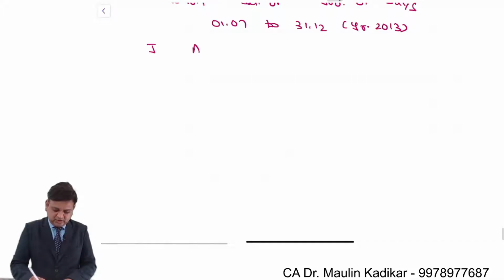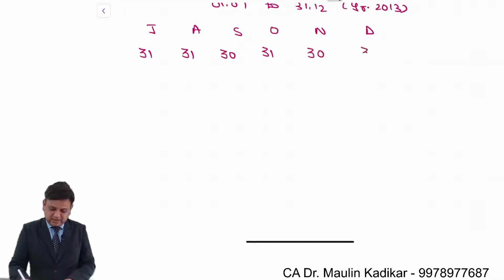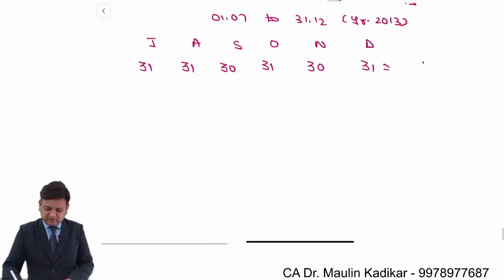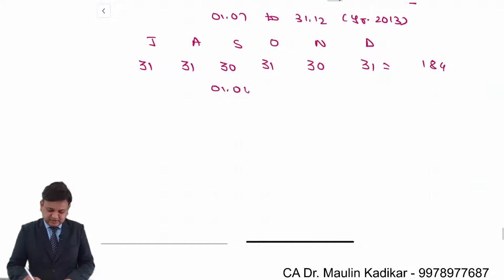So July, August, September, October, November and December: 31, 31, 30, 31, 30 and 31 once again. That comes to 184 number of days. And 1st of January to 30th of June will be 181 number of days.